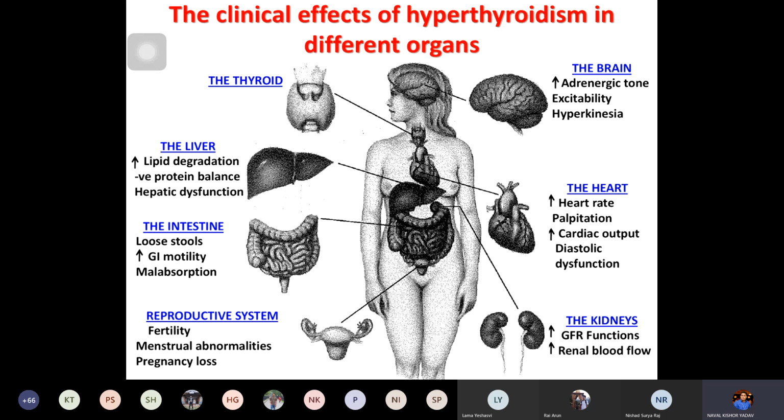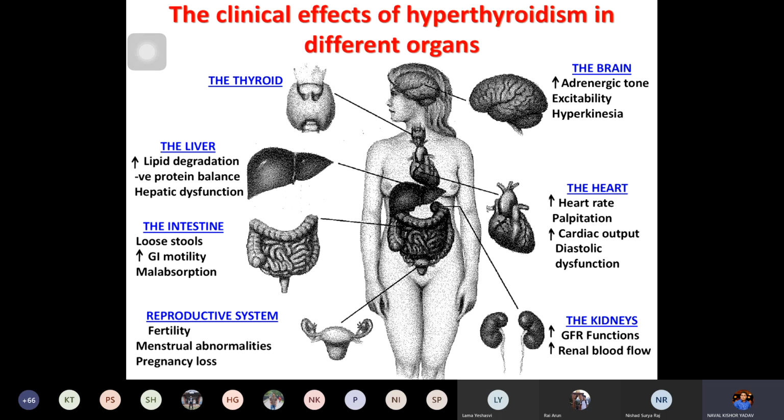If you find weight loss, more sweating, low tolerance to the heat, weakness, hair loss, and difficulty in sleeping, you can suggest them for the thyroid function test. And it is 100% that if you are observing all these signs and symptoms, they will have hyperthyroidism.